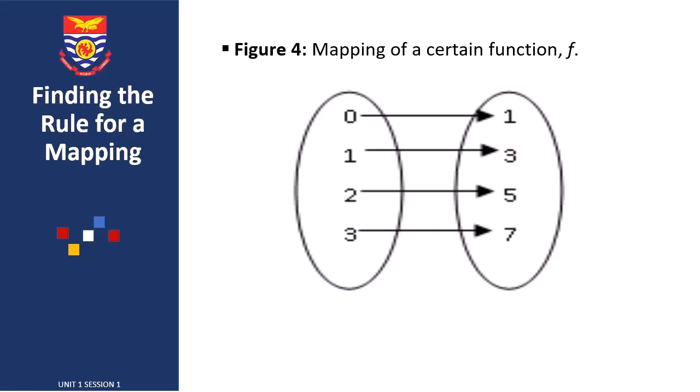First step: find the difference between consecutive elements in the domain. Now, when you come here, you have our domain here, and then the codomain.